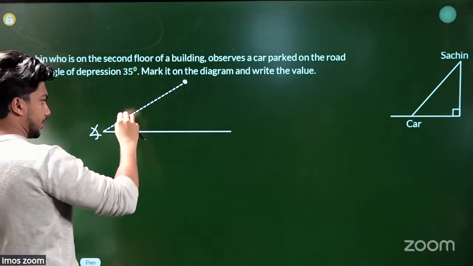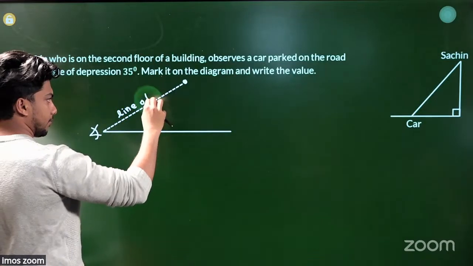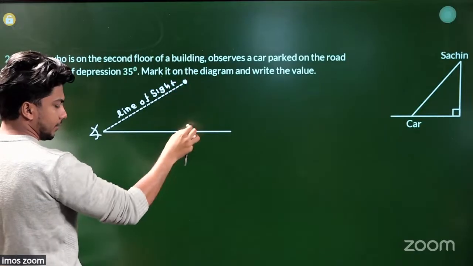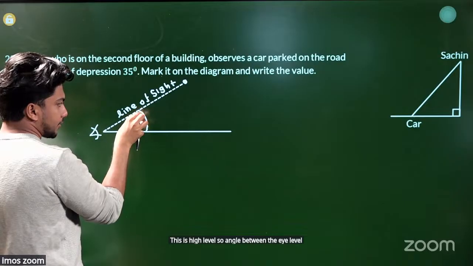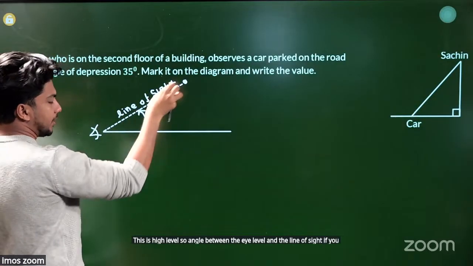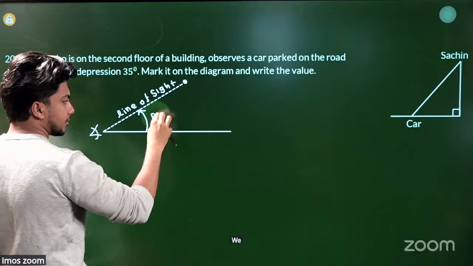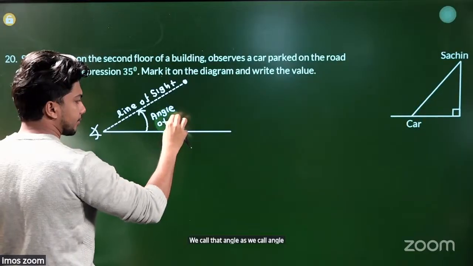The angle between the eye level and the line of sight, if you look at a point higher than your eye level, we call that angle the angle of elevation.